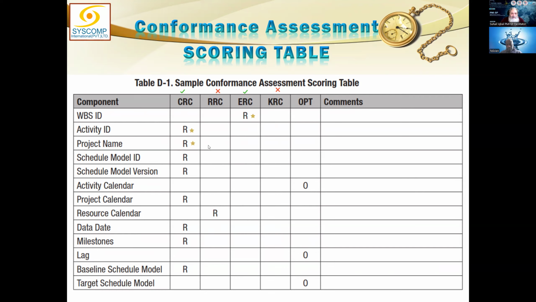So this optional item, we are doing that. This we are doing, but we were not exercising resource management. We do have a resource calendar in our schedule, but we were not doing resource management.